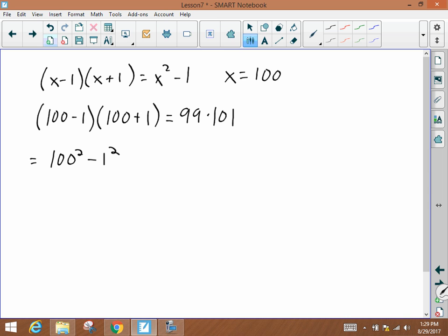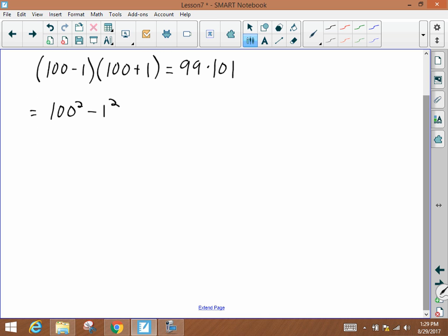Let's do another one, just really explicitly using this identity. You guys have seen it a bunch, our difference of squares identity. What happens if we keep x equal to 100, and now let a equal 5?